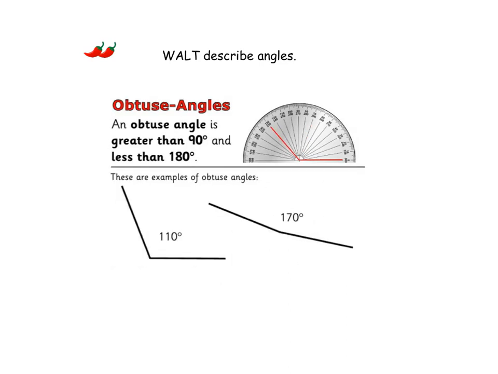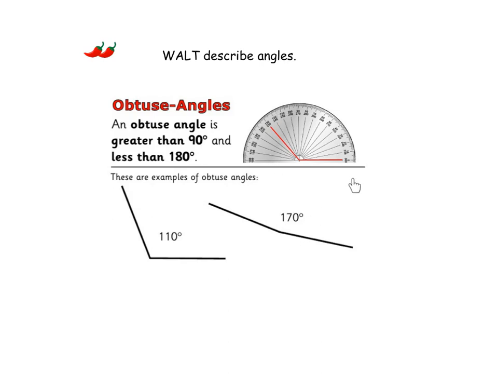You will also have seen bigger angles, so angles that are bigger than a right angle, but not going past a straight line. So as you can see here, we've got an example of an angle that's 110 degrees. So it goes all the way around to 90 and round to about here to 110.